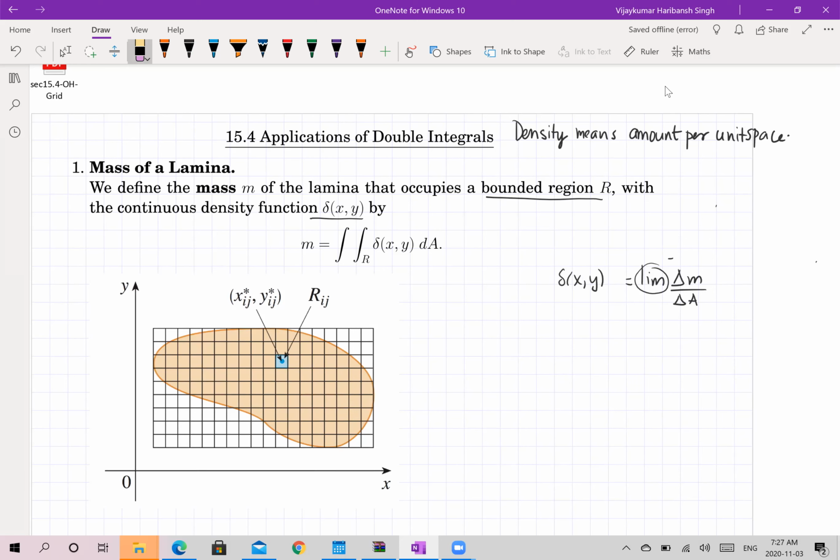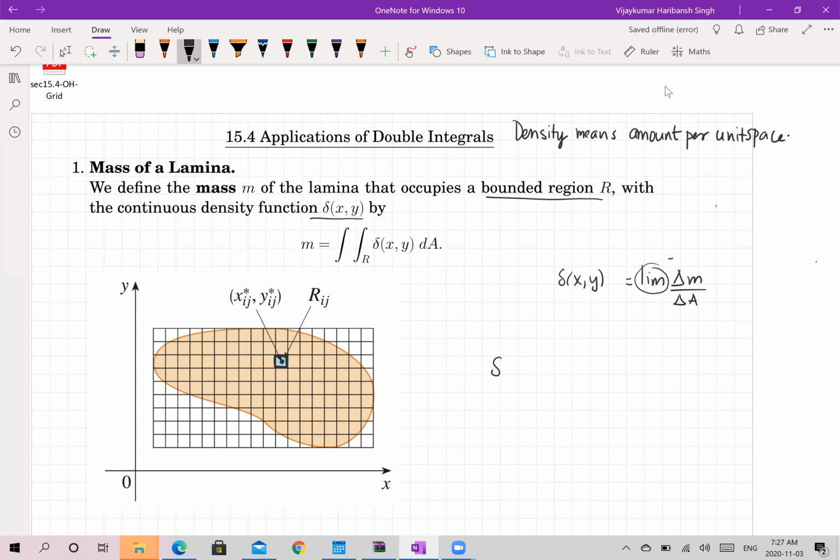So if you look at this, what we do is let's take a rectangle. You divide your domain R, which is the same as the space occupied by the lamina, and you approximate it by rectangles. Now for each rectangle, we'll have a point inside. Take a random point inside that rectangle.